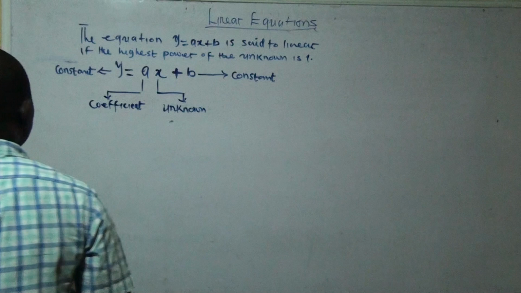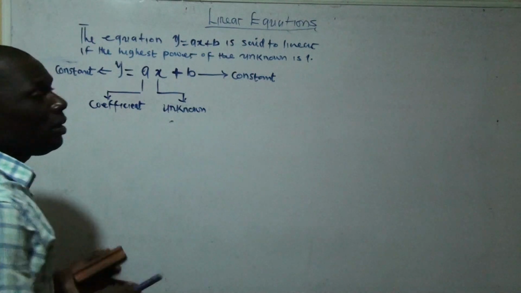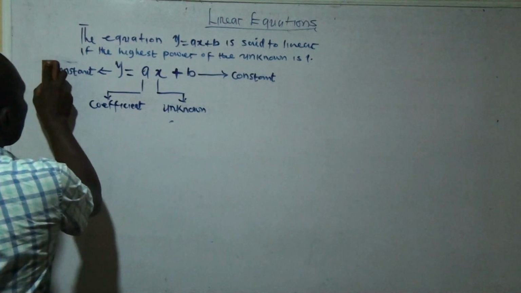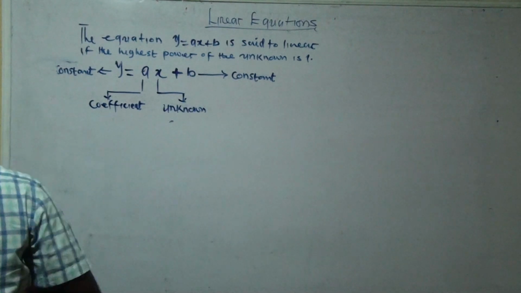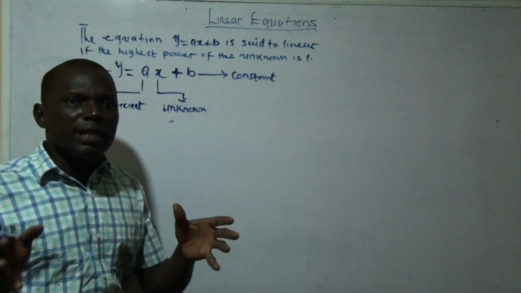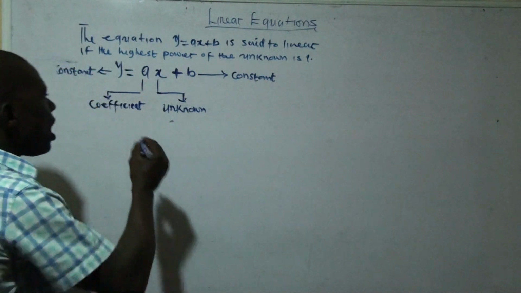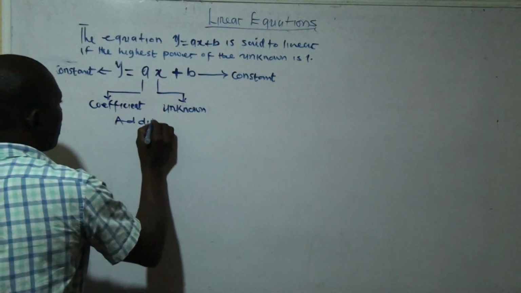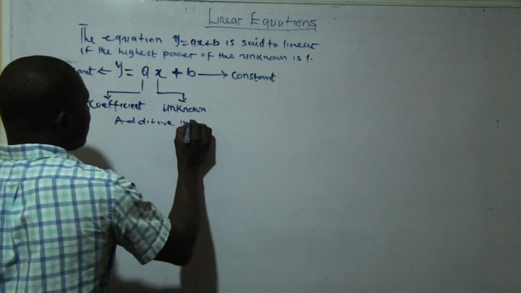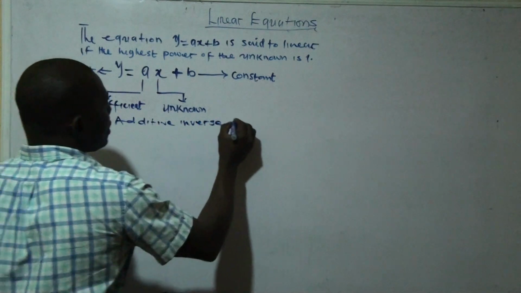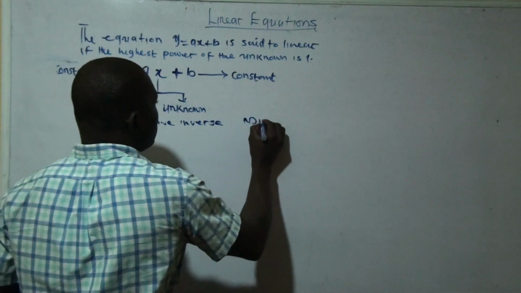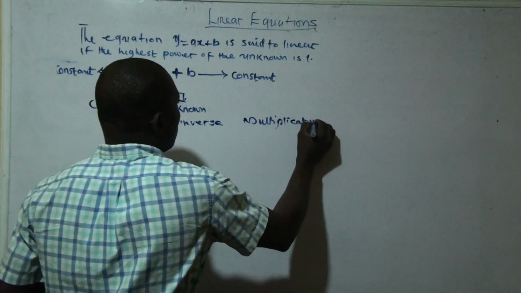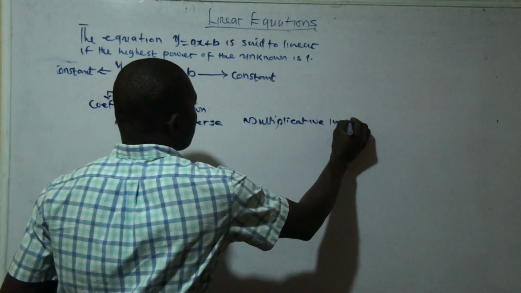Having understood that, in order for us to understand this topic thoroughly, we will look at two aspects of number theory. We'll call them the additive inverse and the multiplicative inverse.